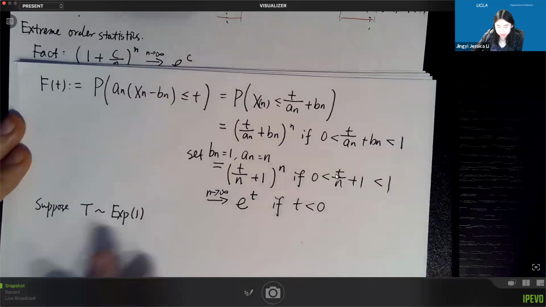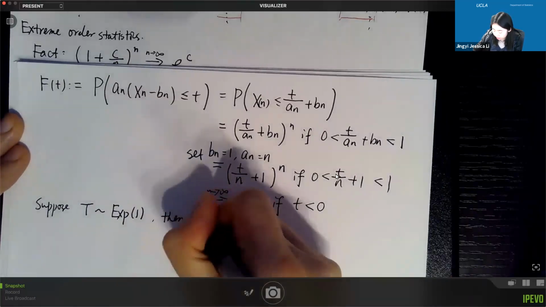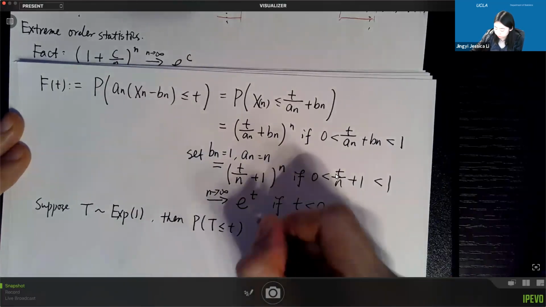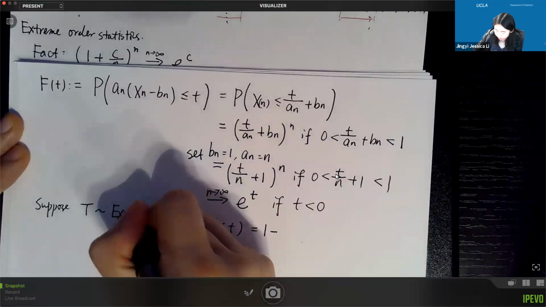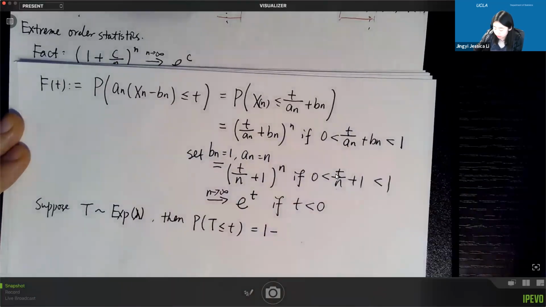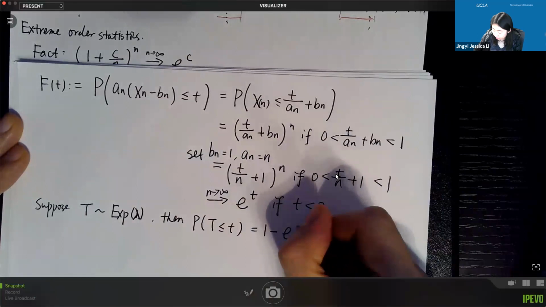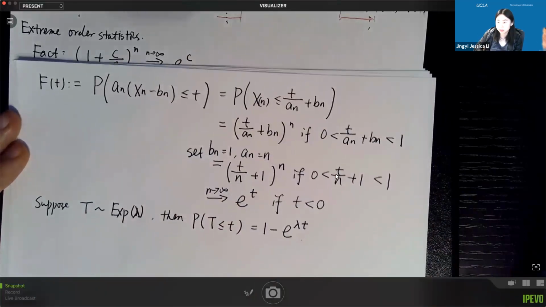If you know this, then you know that the CDF of an exponential distribution takes the form, for lambda, that's just for the general case, 1 minus exponential lambda t. That's the CDF of exponential distribution.